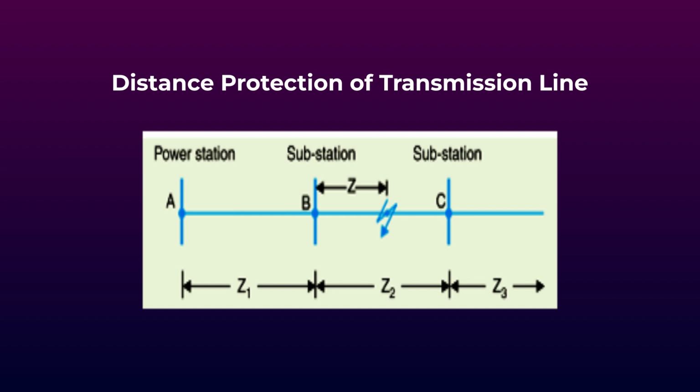If the fault occurs in the AB section, it measures an impedance which is less than Z1, which is why only relay A operates. So, in this manner instantaneous protection can be obtained for all conditions of operation.